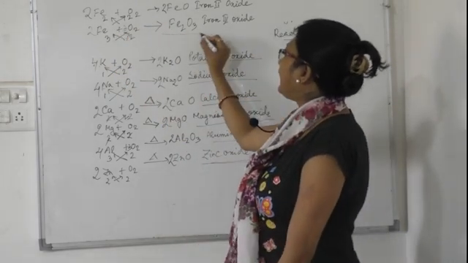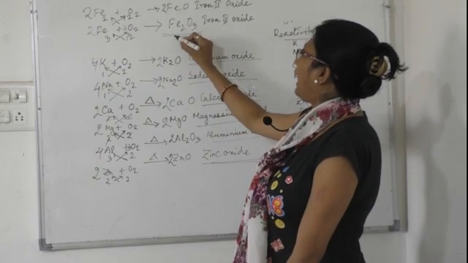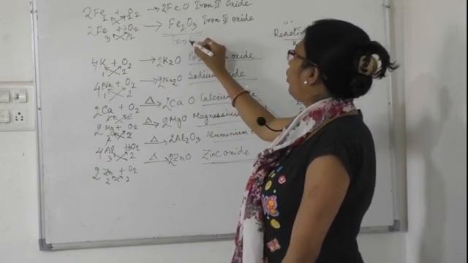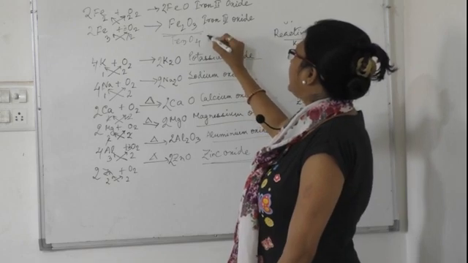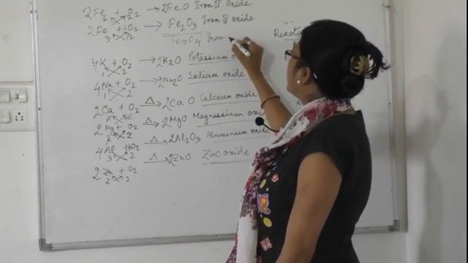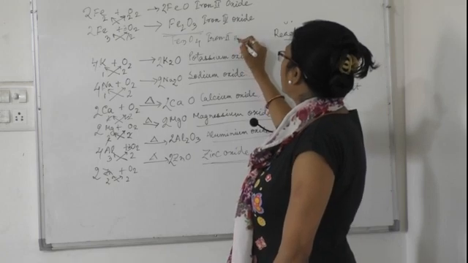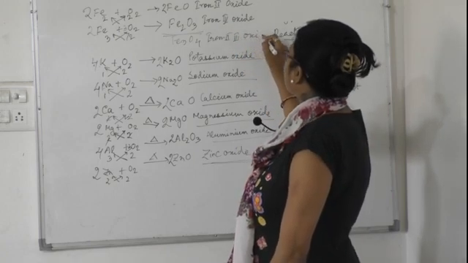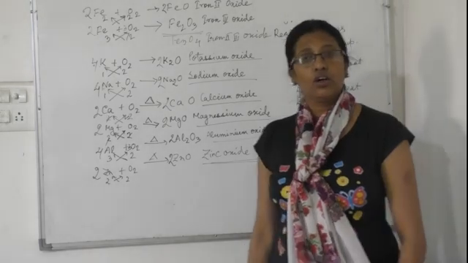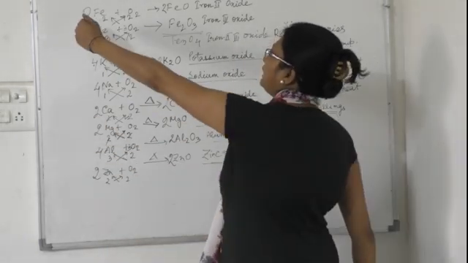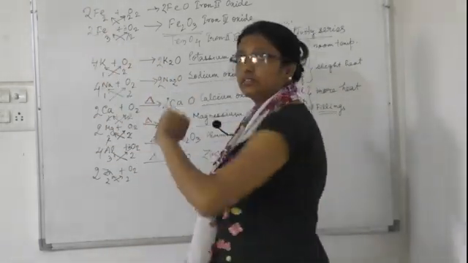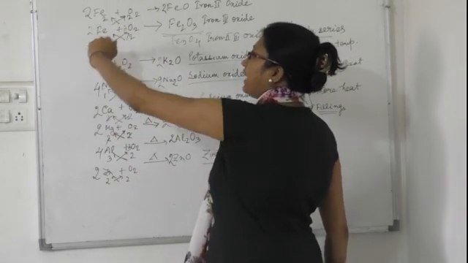Now if we are adding these two, then we can have Fe3O4, that is called iron 2,3 oxide. So we have done the reaction of iron with its variable valency.